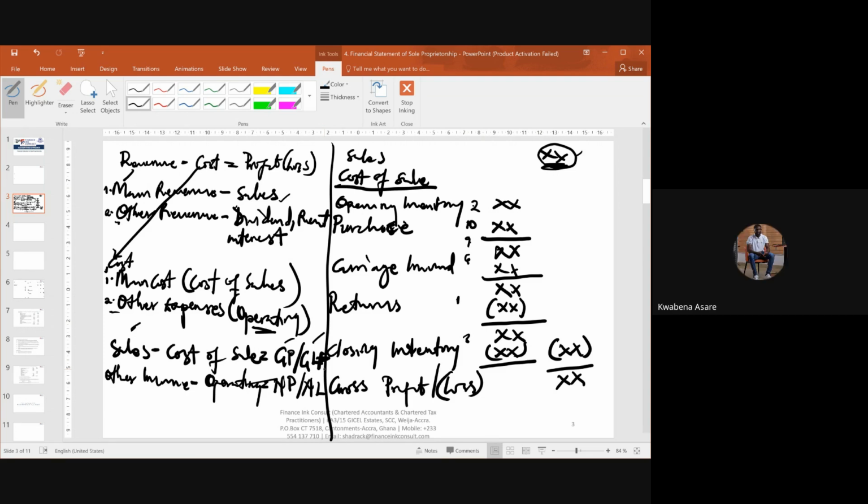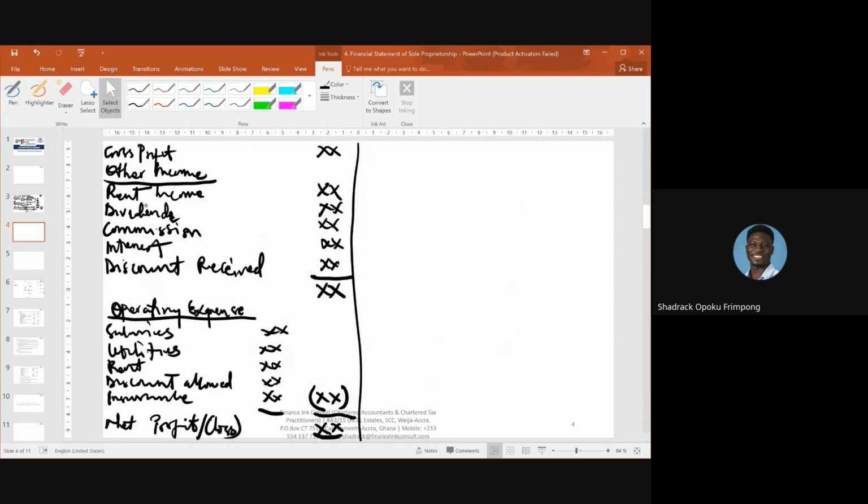So I'm okay. Okay. So this is our gross profit or our gross loss. Now we have to factor in our other income. So if we are receiving other income, maybe rent income, dividend, commission, interest on investment, or maybe we've received discounts from our suppliers, we add all this income to our gross profit or our gross loss.